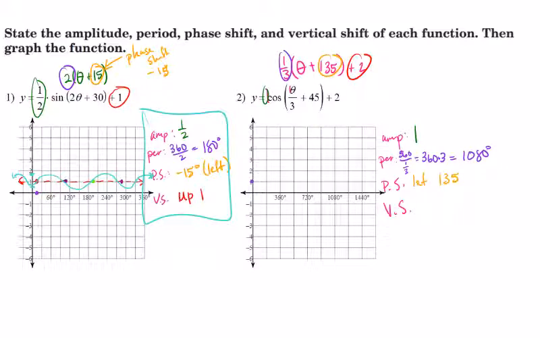I'm moving up 2, 1, 2, and I'm moving left 135. So remember that the period changed to 1080. Well, let's actually move left first. So we used to go to 360. So if I go left 135 from 360, I end up at 225.